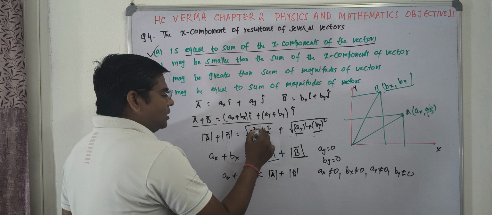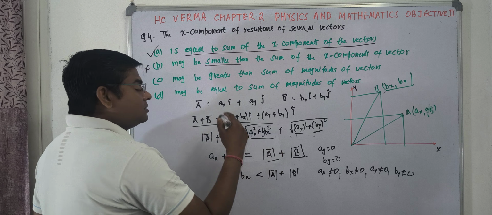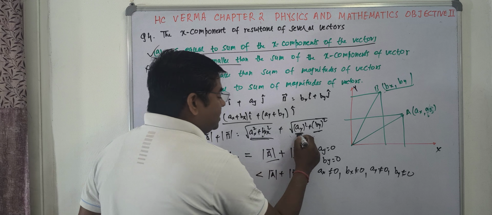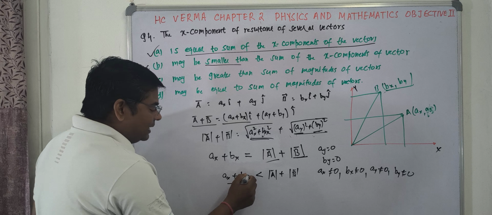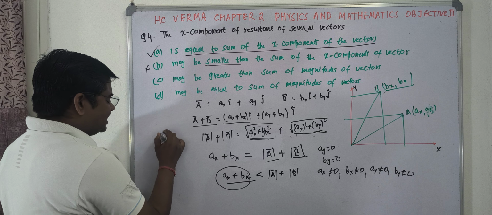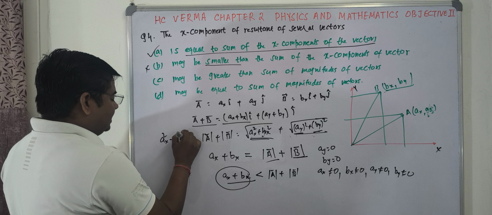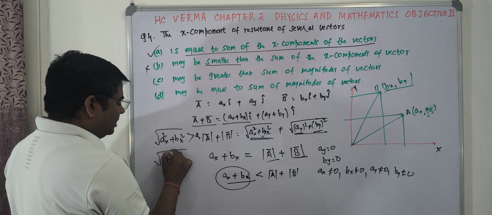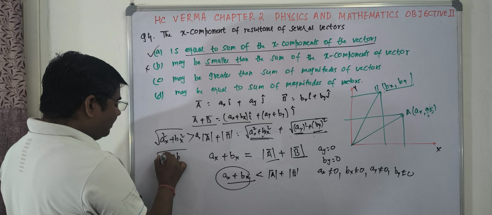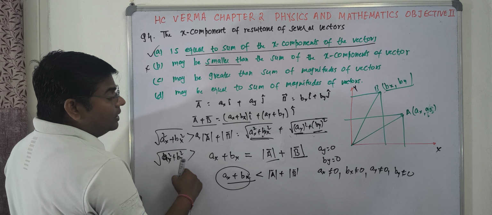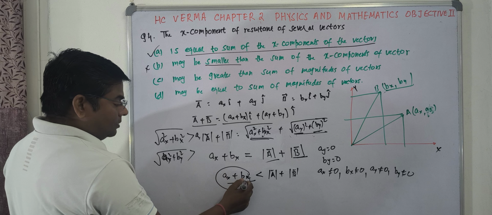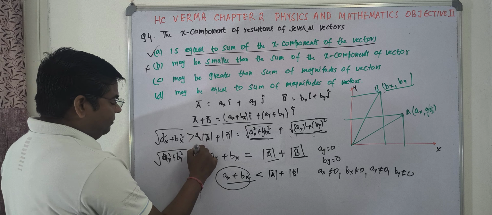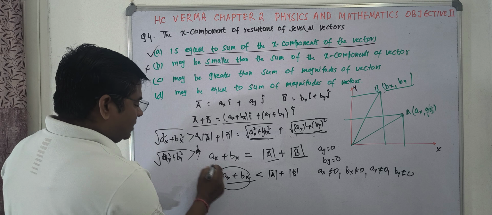Here we have the square root of a sum of squares, which must be greater than ax, because the square root of ax squared plus ay squared is always greater than ax, and the square root of bx squared plus by squared is always greater than bx.